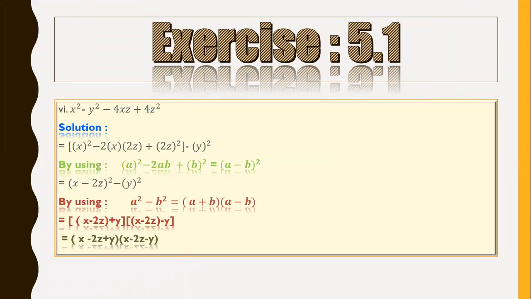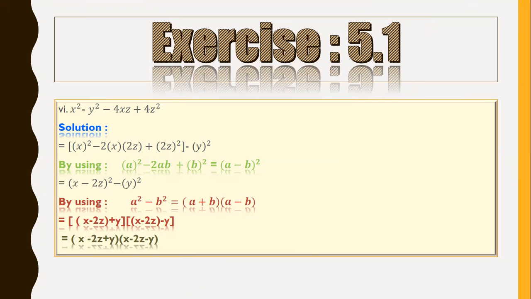You see that there is one term of x square, one term of z square, and the middle term is the product of x and z. It means that now we have the partners in this question: x square, 4xz and 4z square. These three terms will be the partner and the left term will be minus y square.